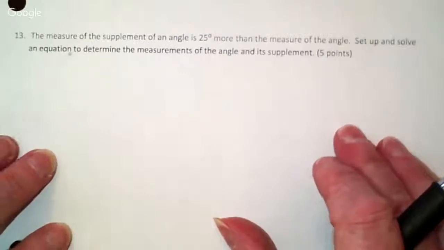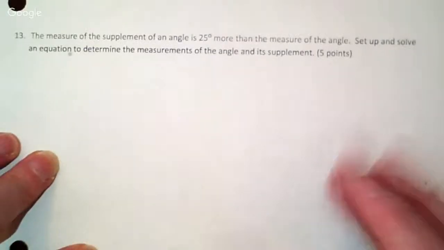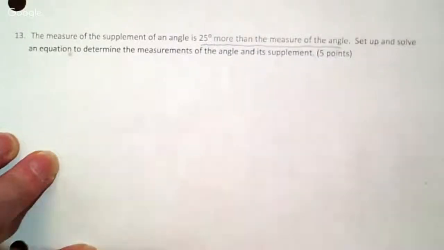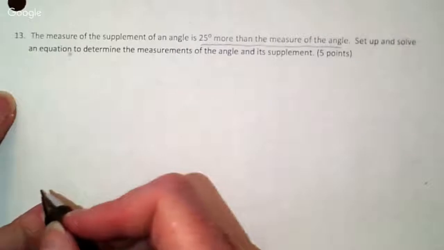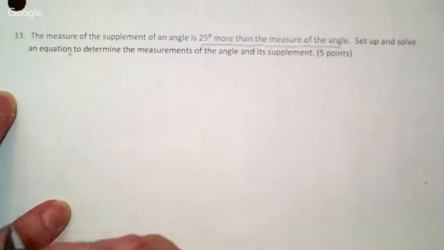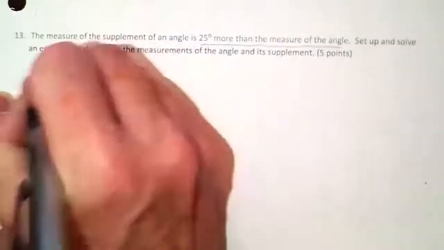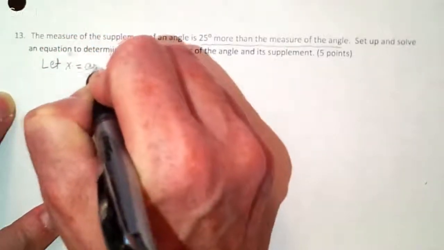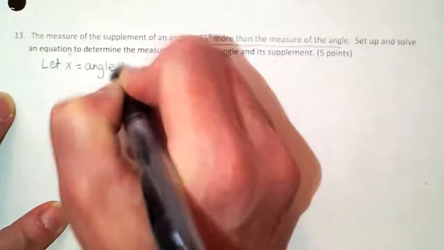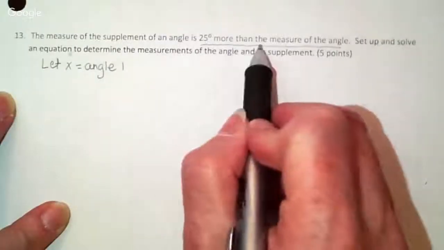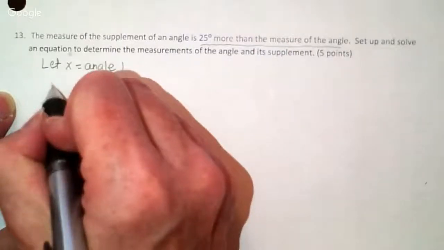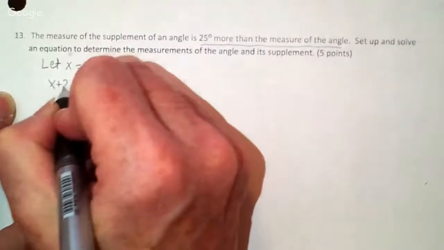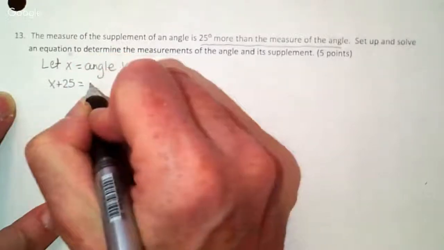This next one, number 13, it says the measure of the supplement of an angle is 25 more than the measure of the angle. Set up and solve an equation to determine the measurements of the angle and its supplement. So as always, let x equal angle 1 and 25 more than the measure of the other angle is x plus 25, is angle 2.